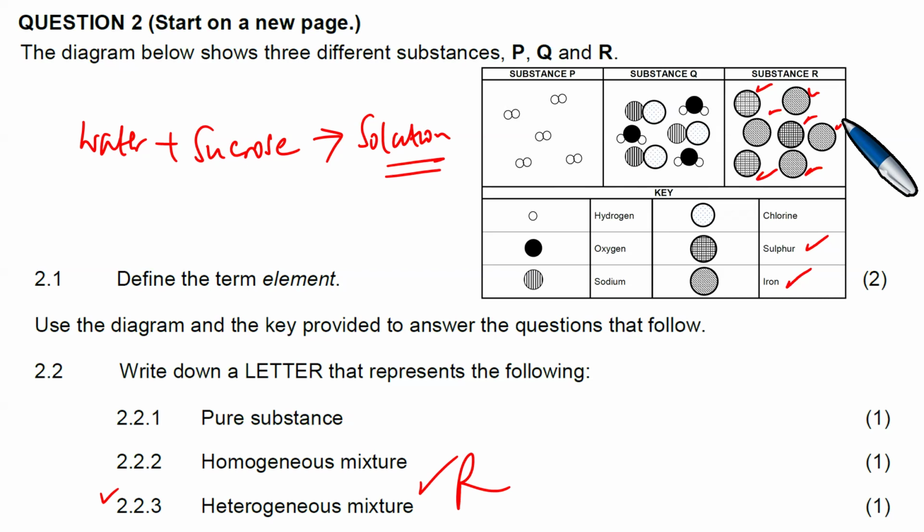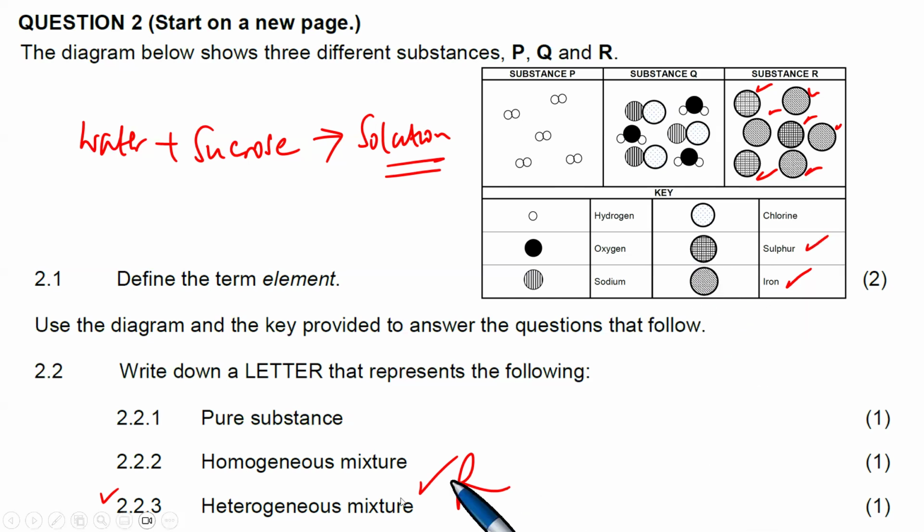A heterogeneous mixture. What is evident is that we have sulfur mixed with iron, and that is the substance R. Sulfur mixed with iron qualifies to be a heterogeneous mixture. Why are we saying this?